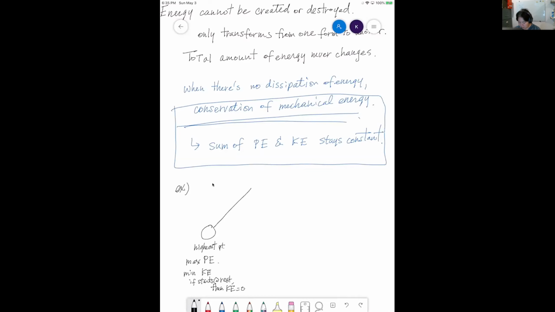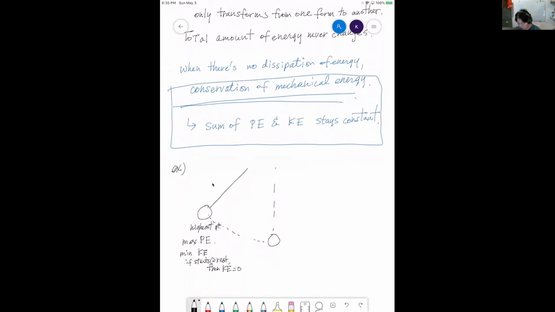Then as this pendulum goes lower, the potential energy decreases, and when it's completely at the bottom, we have a minimum potential energy, and that means we have a maximum kinetic energy.